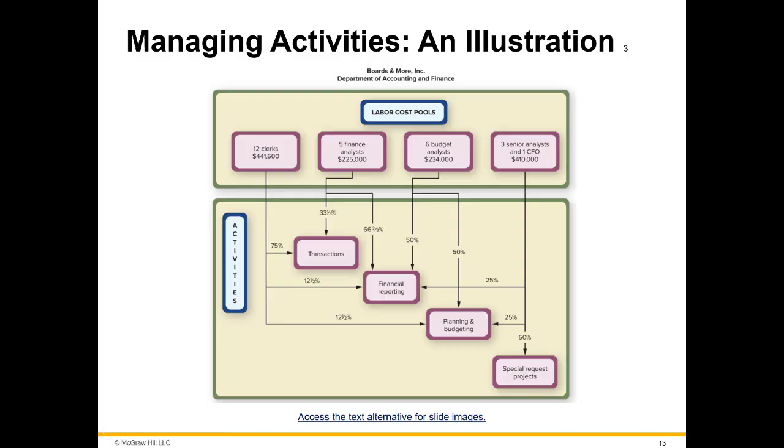Okay, what are the activities? We determined there are transactions, financial reporting, planning and budgeting, and special requests. And these are how each of the labor cost pools, the clerks, finance analysts, budget analysts, and senior analysts and CFO, spend their time.